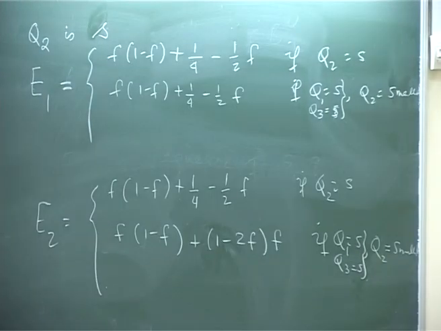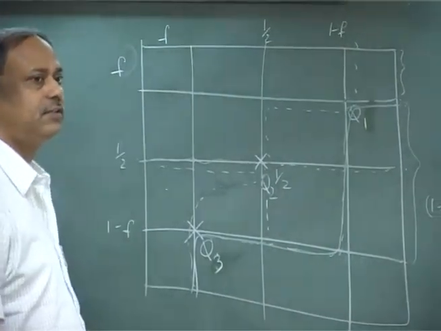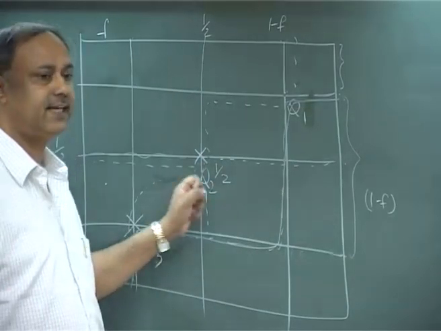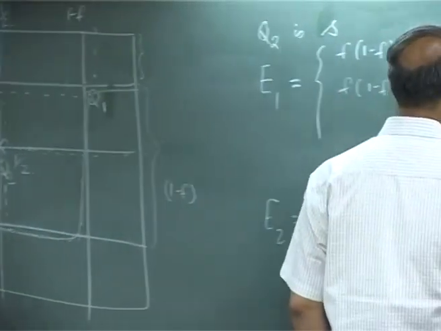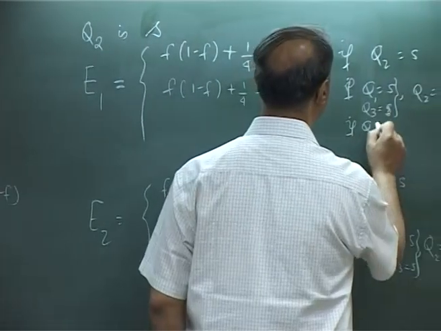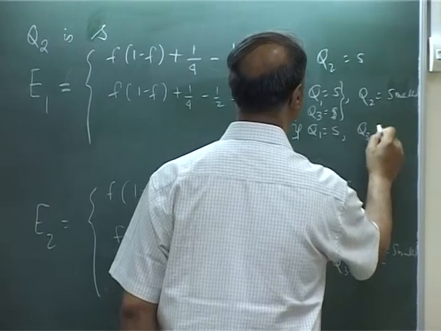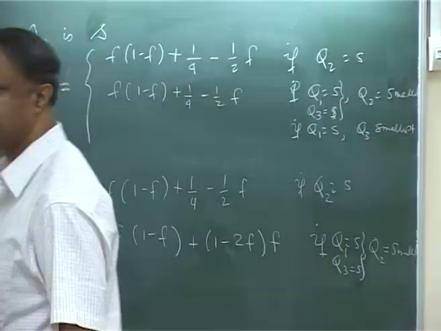Now the thing is that Q2 is the largest and Q1 is the second. This is the smallest, this is the second and this is the largest. What happens in that case? If Q1 is second one and Q3 is smallest, what is the value?